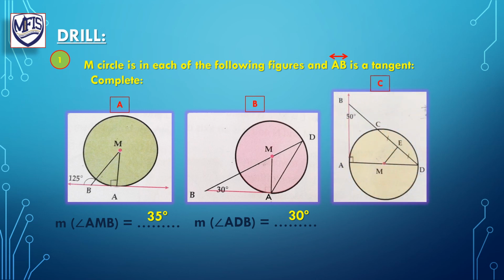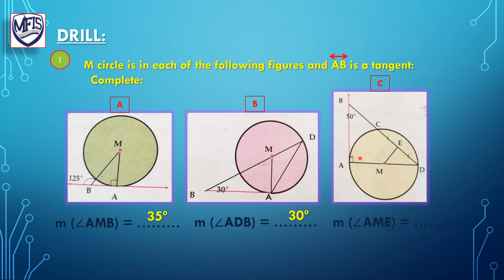Number C. Now, he asked me to find the value of angle AME. As we can see in this problem, straight line AB is a tangent of the circle M, and the measure of angle B is 50.